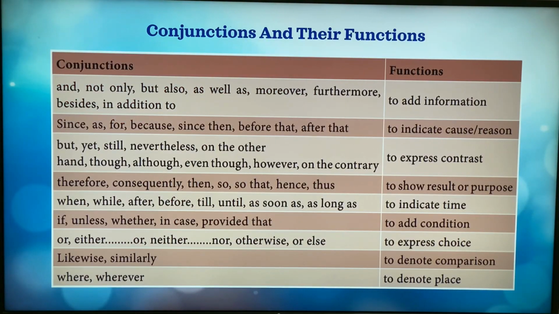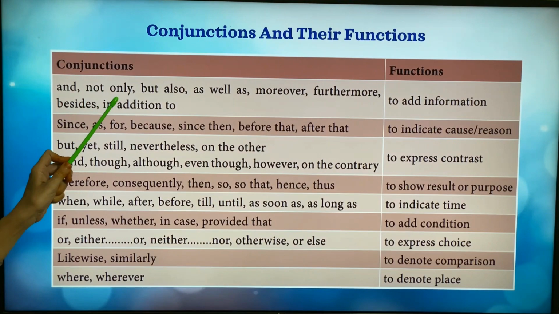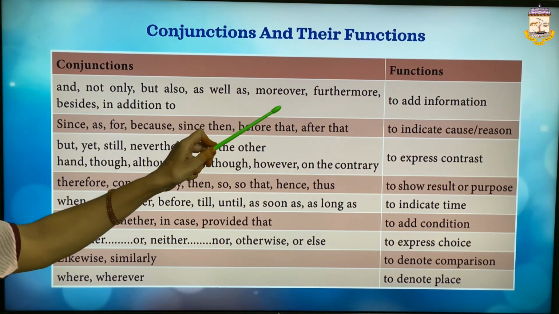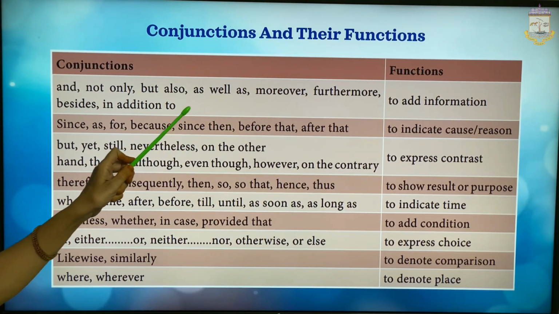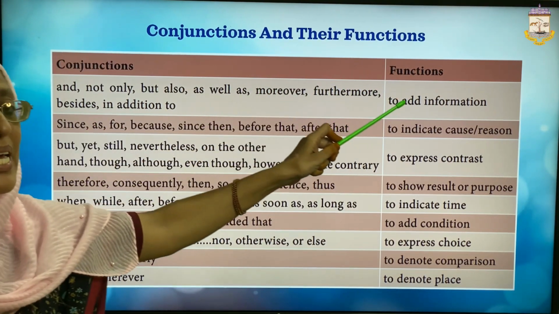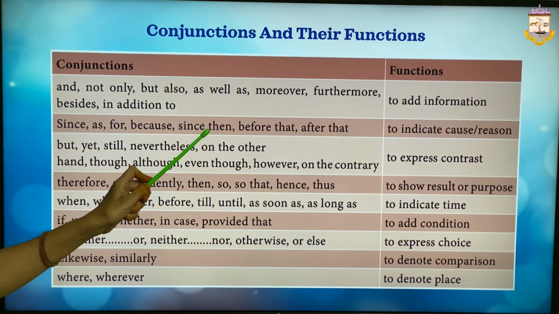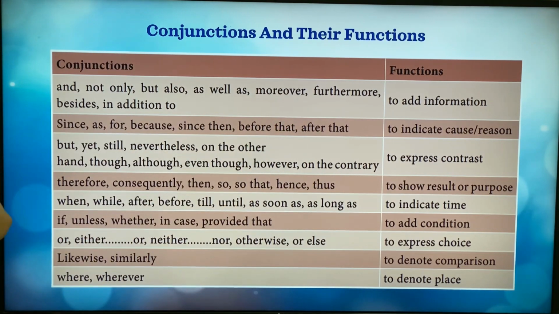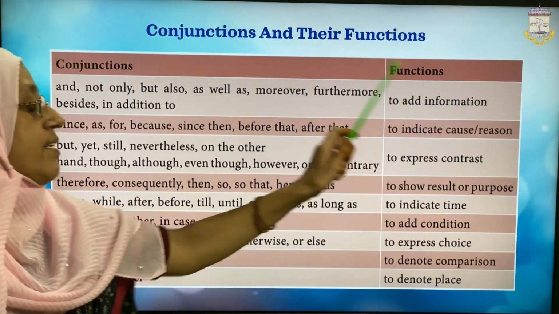Now let's move on to conjunctions and their functions. It's on page number 103 in your textbook. Look here, here are the conjunctions and here are the functions they do. And, not only but also, as well as, moreover, furthermore, besides, in addition to: all these conjunctions add information. Since, as, for, because, since then, before that, after that: these are used to indicate cause or reason.